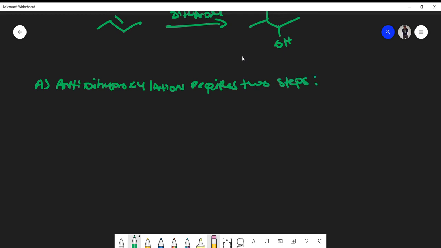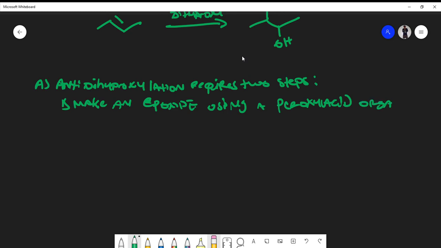The first one is you want to make an epoxide, and we typically make an epoxide using what we call a peroxy acid. And I'm going to show you what that means in a minute. There's a peroxy organic acid.